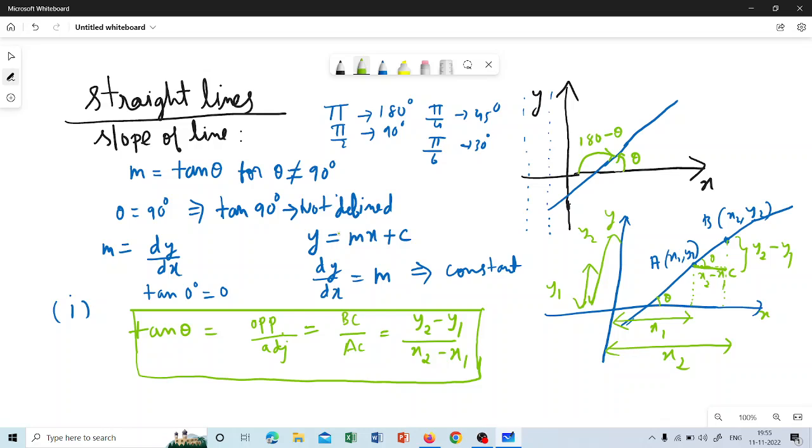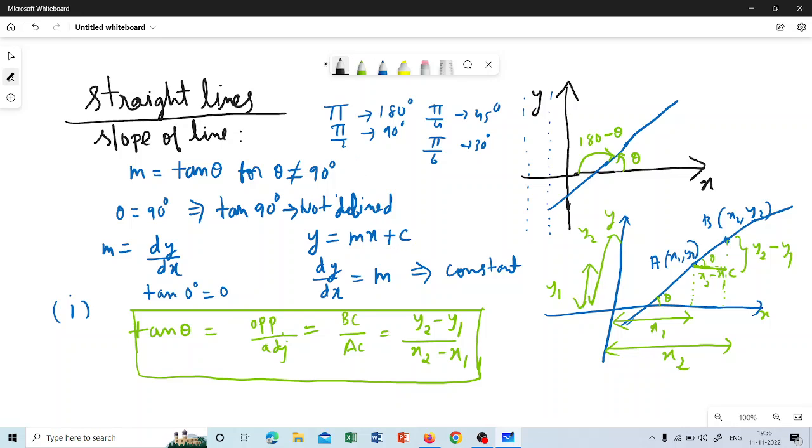Similarly, now there are two cases. Now I have derived the formula for slope in the form of coordinates. We know that in the form of angle, we defined it as tan theta, and now we know it in the form of coordinates. Now the straight lines are going to be of two different types.